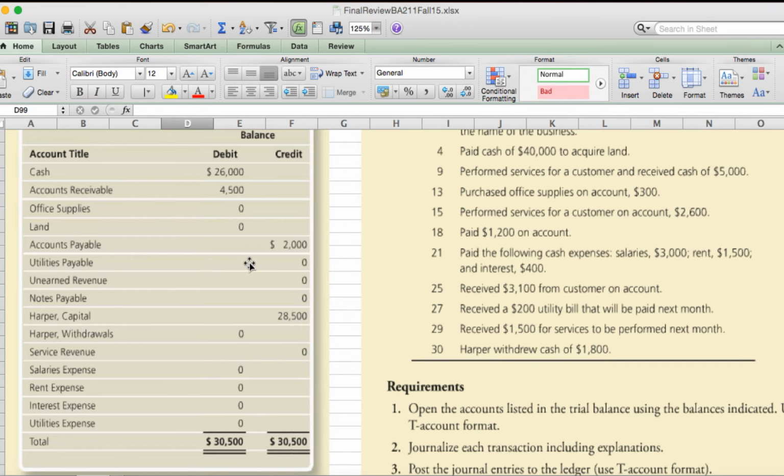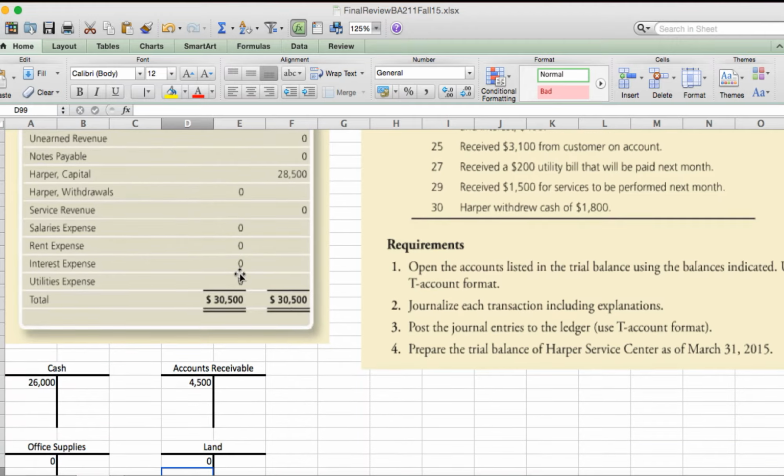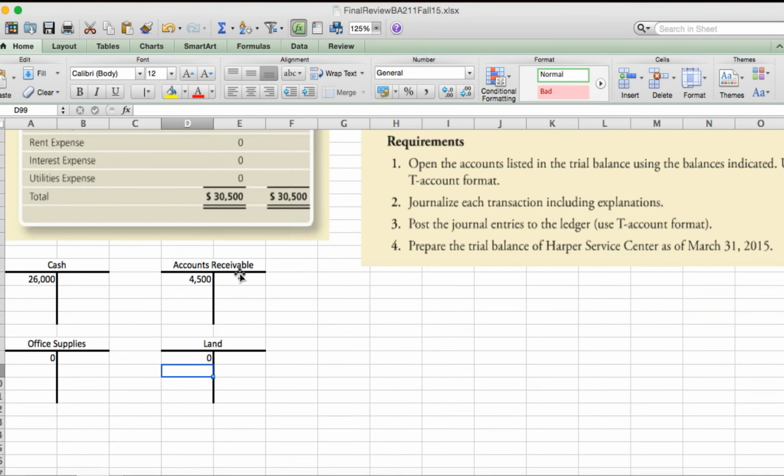Those were our assets basically, and then we have some liabilities. We got accounts payable for $2,000.